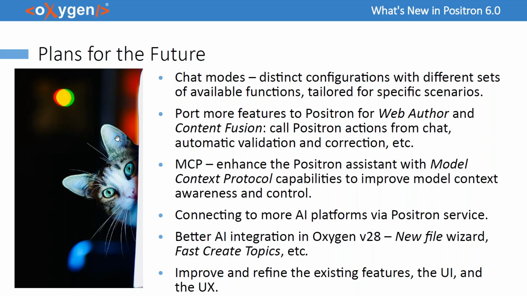We also want to enhance Positron with Model Context Protocol, or MCP. By doing this, Positron will be able to connect to some MCP servers from where it can fetch new tools. You don't have to write these tools. They will be available.